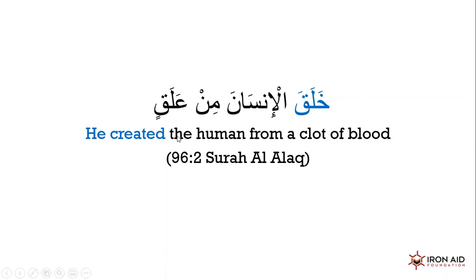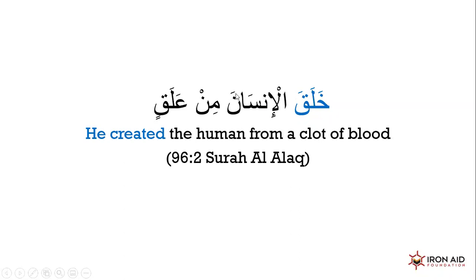So he created the humankind. Insan is human or mankind. Al-insana, and because it has a fatha, we know this is the object of this verb. So khalaqa, what did he create? Al-insana. If it has a fatha, we know that that is the object, and it will be in the mansoob case.